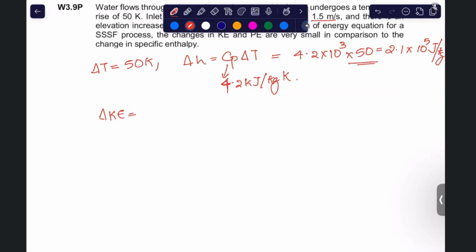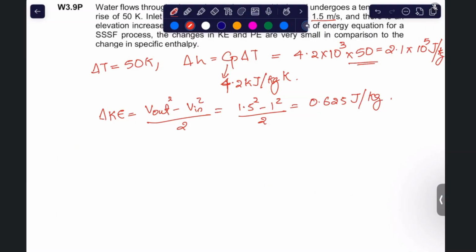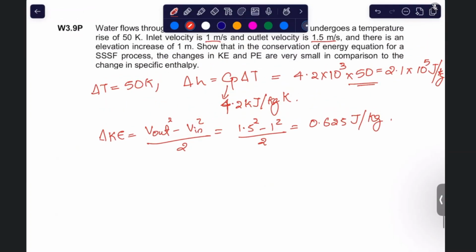V out square minus V in square by 2 equals 1.5 square minus 1 square by 2, equals 2.25 minus 1, 1.25 by 2, equals 0.625 joule per kilogram. So that is lesser than this delta H value, right?